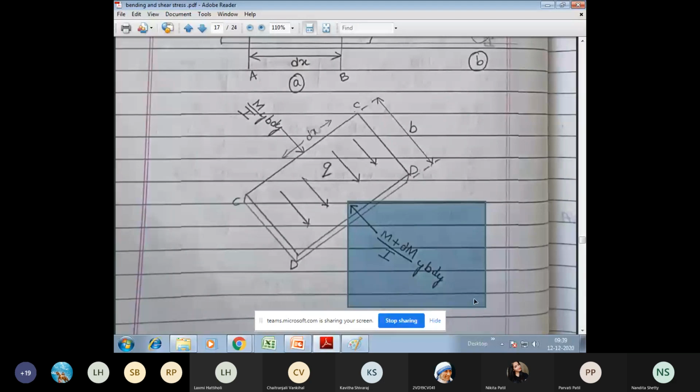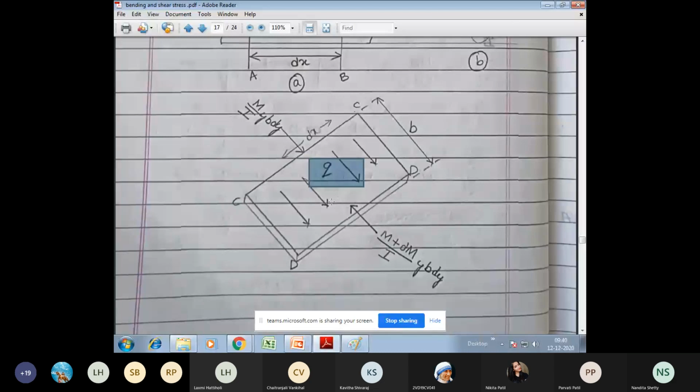Now, this unbalanced force, where will it go? What will the section do? There should be some resistance to the unbalanced force generated, right? When I say the force is generated, your body, the element, the beam or the column, should generate some resisting force. That resisting force I have shown here in the form of q. You can see the small q here, and please see the directions also.